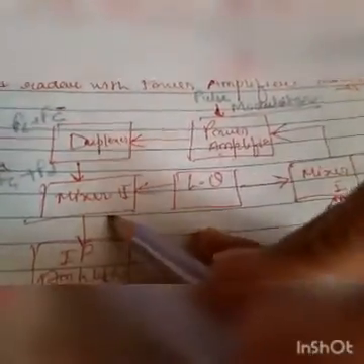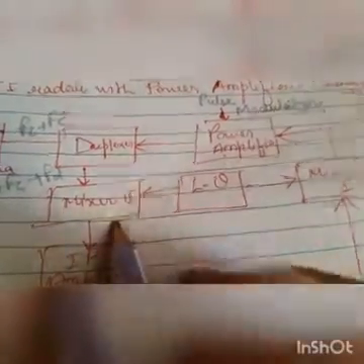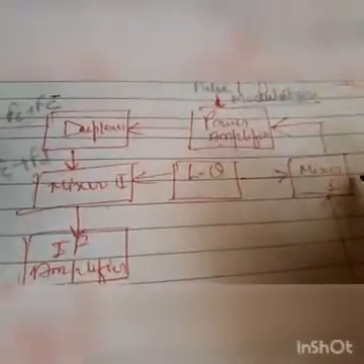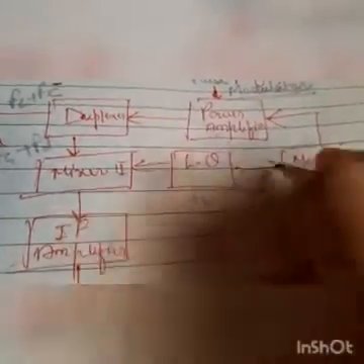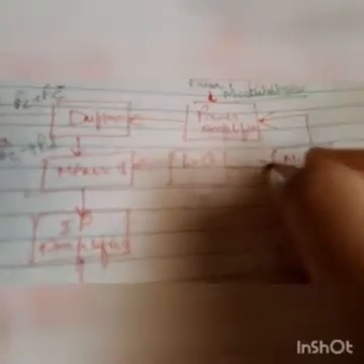After that, it goes to mixer 2. There is a local oscillator and mixer 1. The local oscillator produces a signal of frequency FL and gives its output to both mixer 1 and mixer 2.